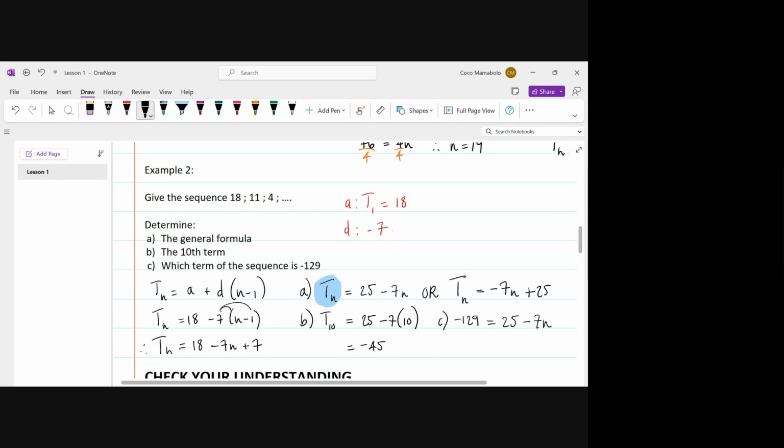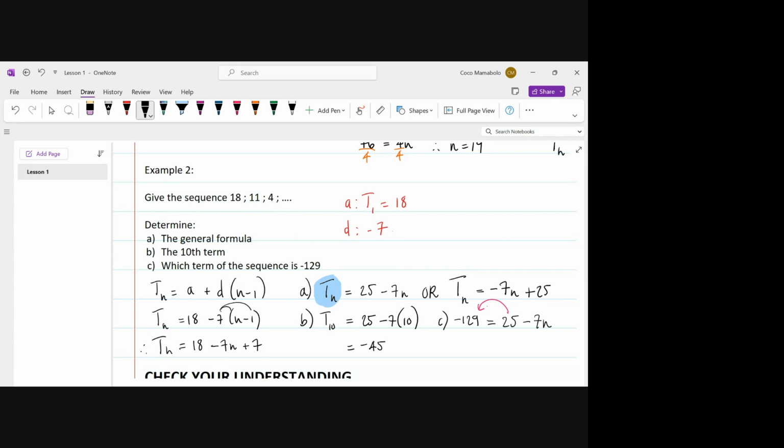Good. And then the next step. And then you'd move 25 to the other side where -129 is. Good. So we'll get -129 minus 25. How much does that give us?